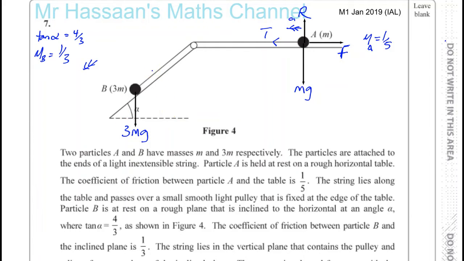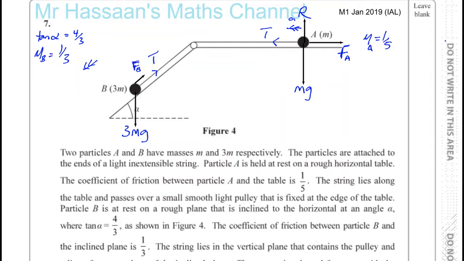You have the tension acting upwards, well, along the inclined plane, pulling up. As it's moving down the plane, the friction is going to act up the plane. So I'm going to call this friction for A, and here I'll call this friction for B. They will be different.